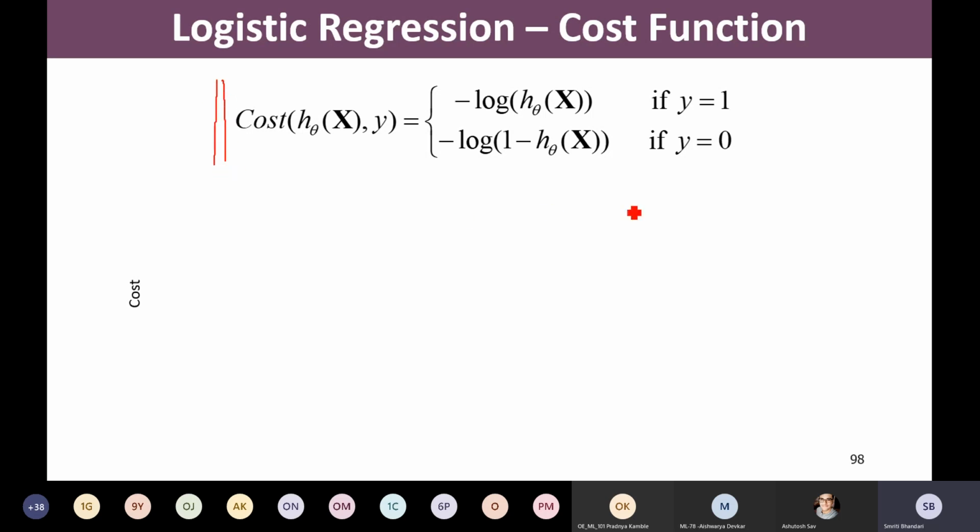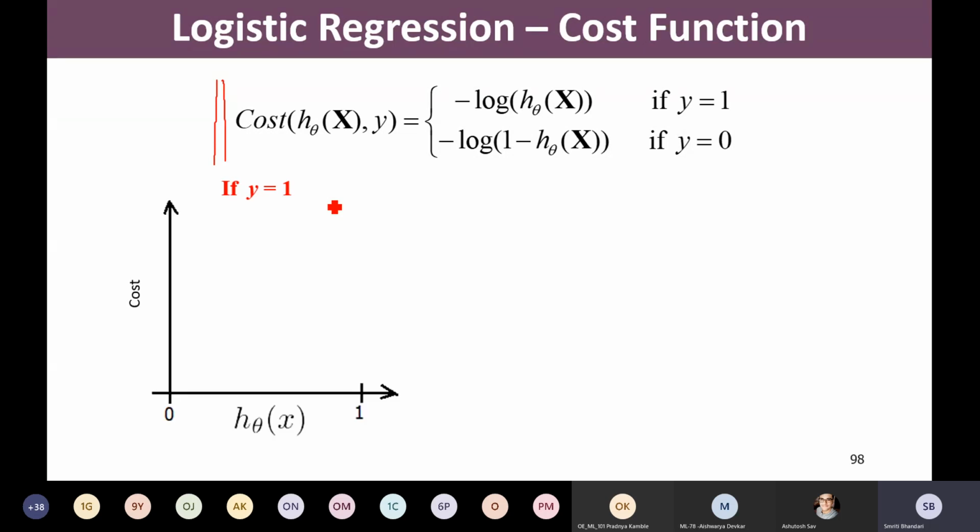So let us try to see the intuition behind why we have defined the cost function in this fashion. So I'll repeat, cost of h theta x, y equal to minus log of h theta x if y equal to 1. If y equal to 0, it is minus log of 1 minus h theta x. So this is how we have defined a new cost function. Now let us try to understand this cost function.